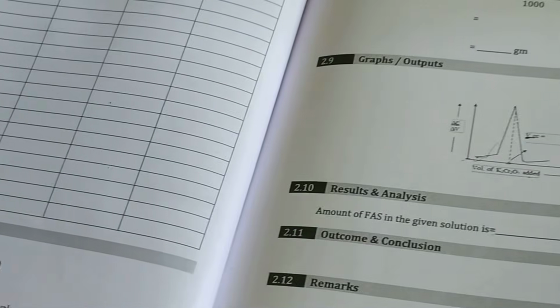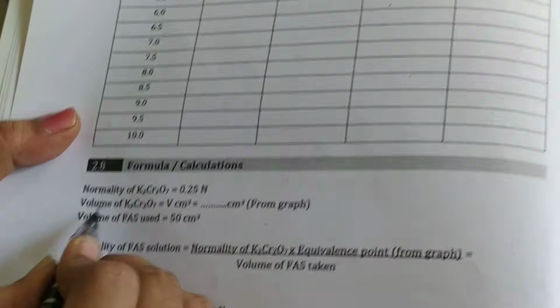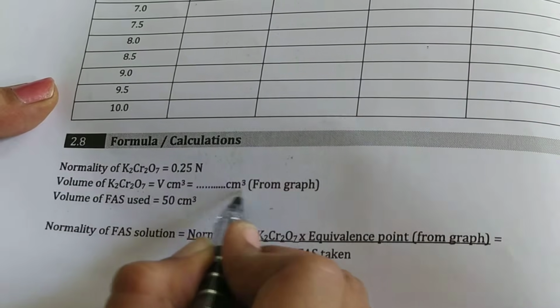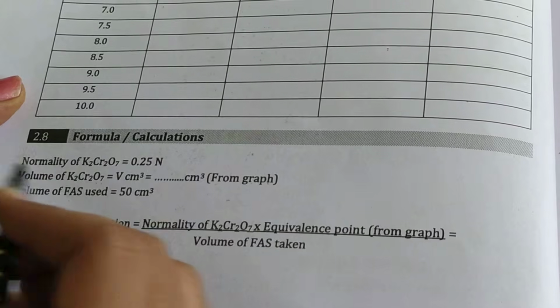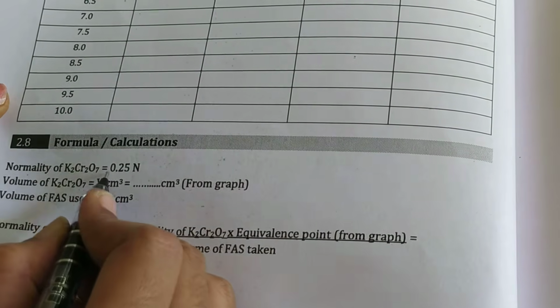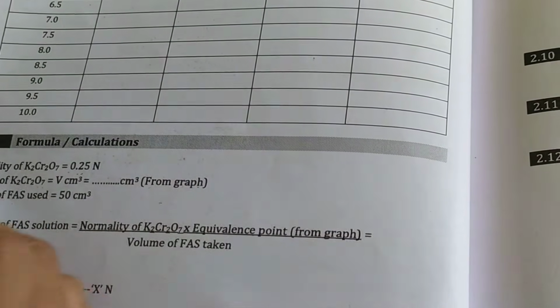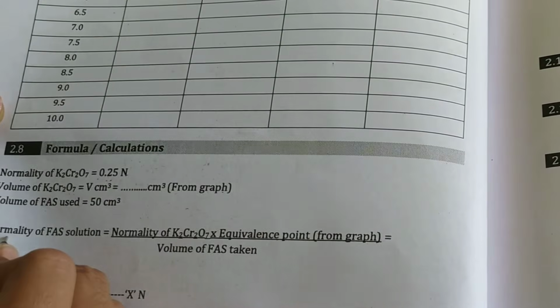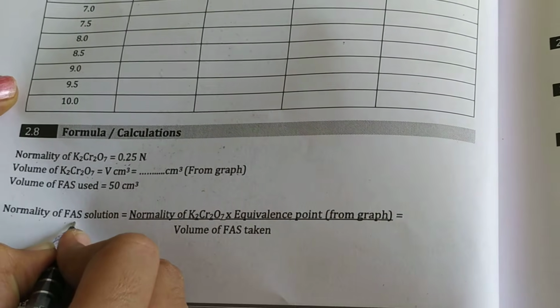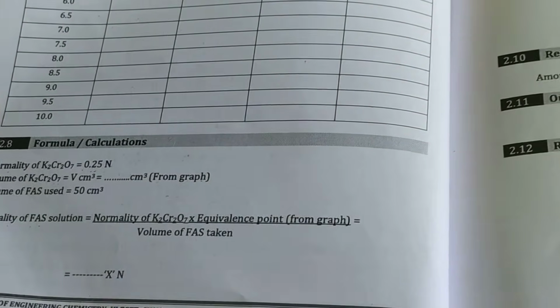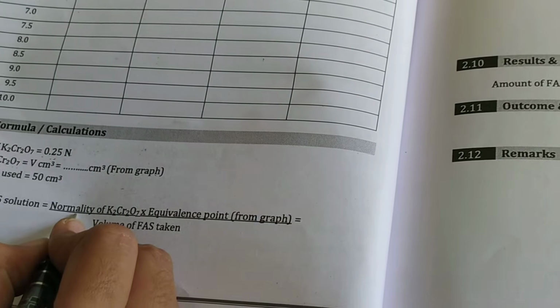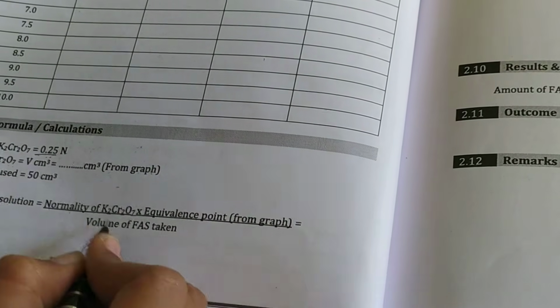That volume of K2Cr2O7 from the graph is substituted here, and the normality we have taken is 0.25 N. The normality of FAS is obtained by the formula N1V1 equals N2V2, as the normality of K2Cr2O7 is 0.25.